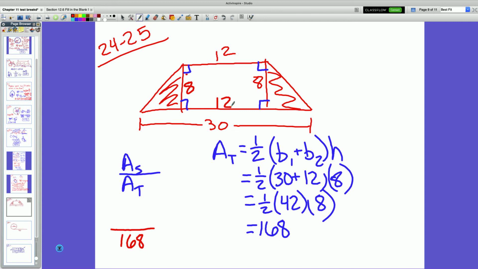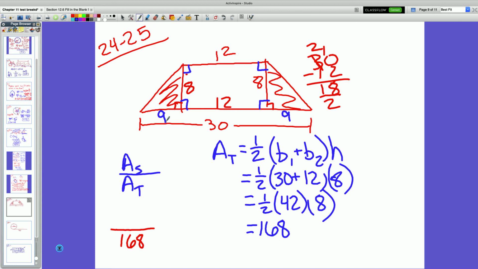And because these are the same, and these are the same, I know that those two triangles are also the same. So since those triangles are the same, I can take 30 minus 12 to get 18, right? You'd have to borrow. And then divide that by 2 to figure out that these bottom lengths here are 9. They're both 9.